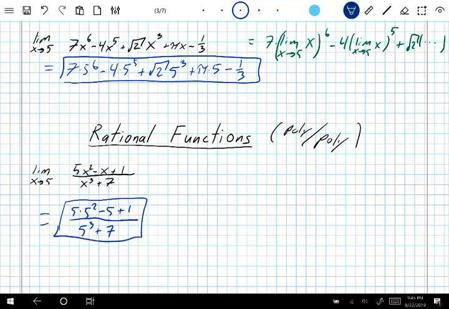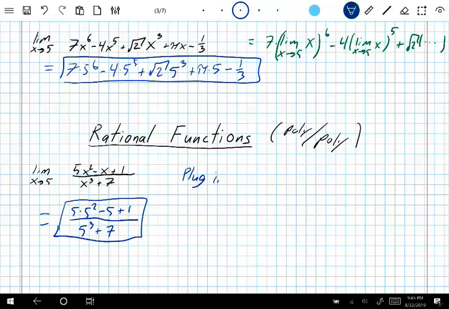Why can I do this? Well, I'm allowed to plug into the polynomial on top, and I'm allowed to plug into the polynomial on bottom, and then I'm allowed to divide those two polynomials because I can divide two functions. Okay, so this works. I can always plug in to a polynomial divided by a polynomial, also known as a rational function.